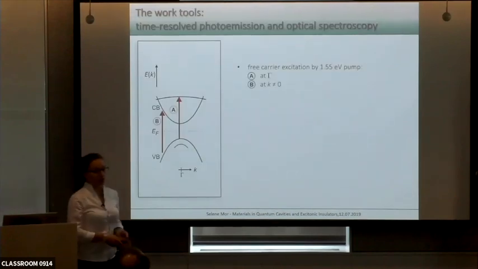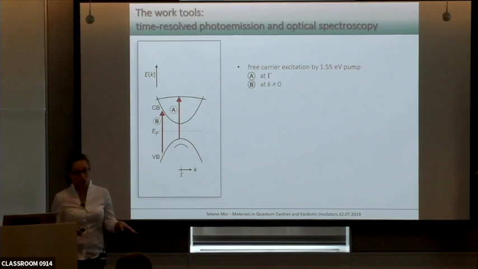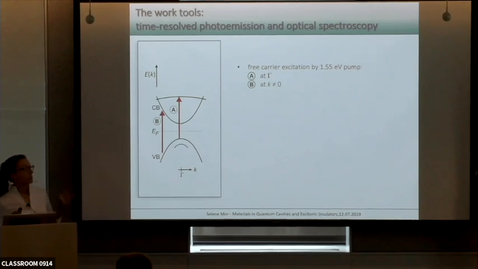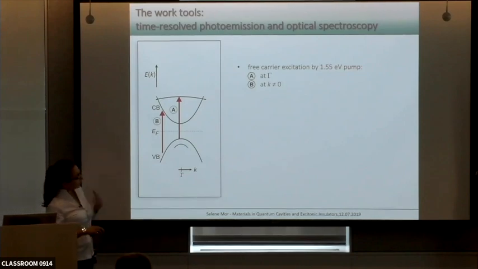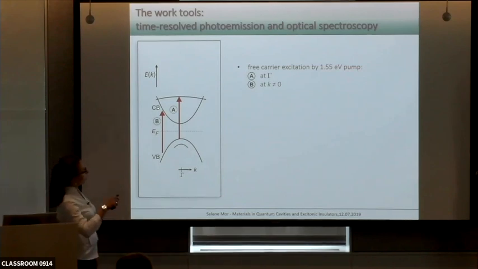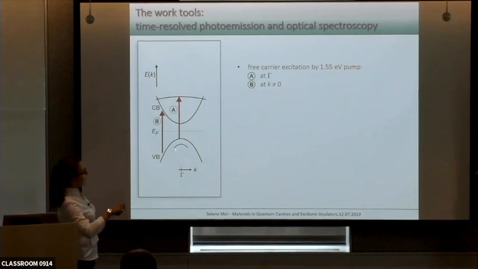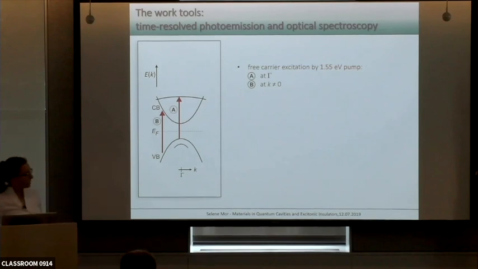Our tools are time-resolved photoemission and optical spectroscopy. In all experiments I will show you, we always pump the system in the low temperature phase. Our pump photon energy is 1.55 electron volt, much larger than the electronic band gap. So those are the two transitions which are mainly involved in the photoexcitation. At the gamma point, from the upper valence bands into some high-lying conduction bands.